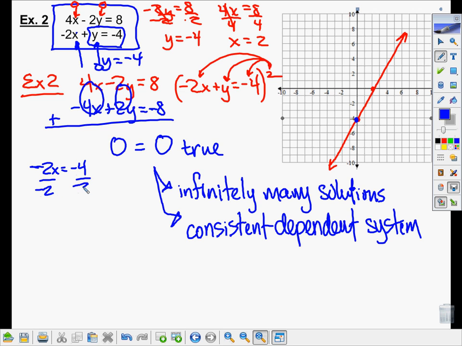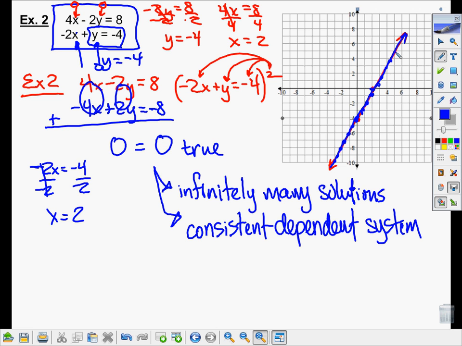Divide both sides by negative 2, and we will get that x equals 2. And we get that for our x-intercept. And if we go to graph this, we have one line that falls right on top of the other line. So we actually have every point on this graph is a solution. That's where you're getting infinitely many.